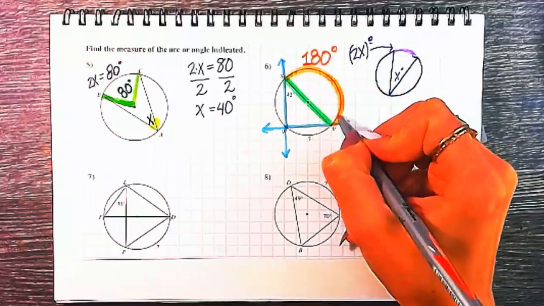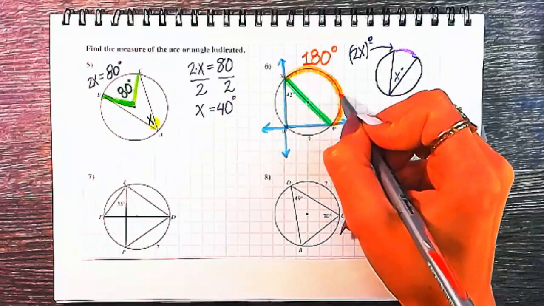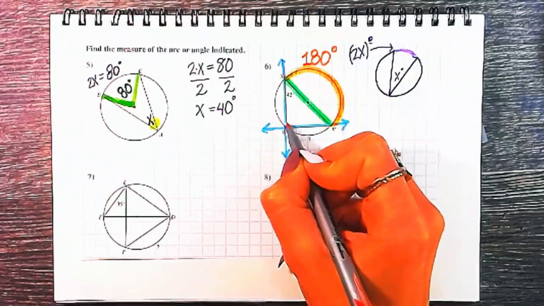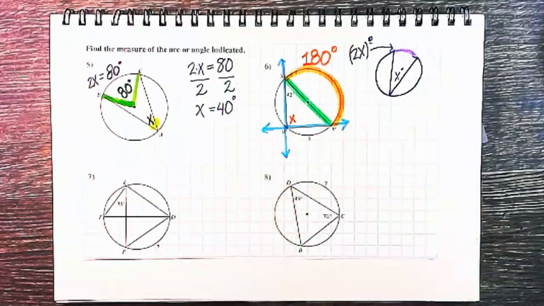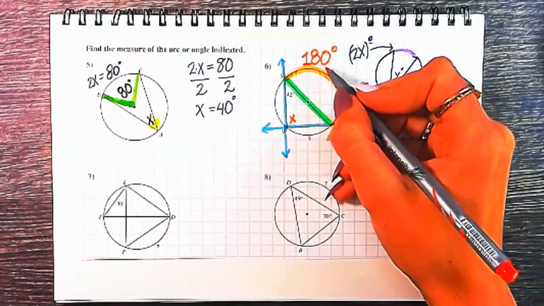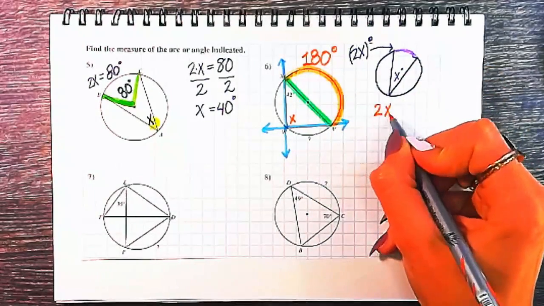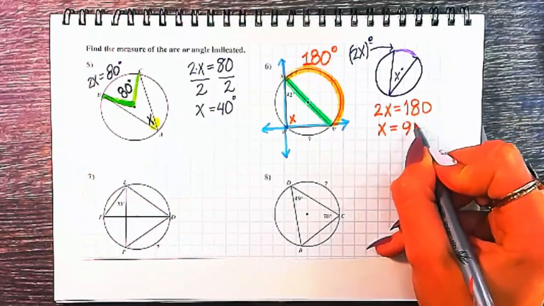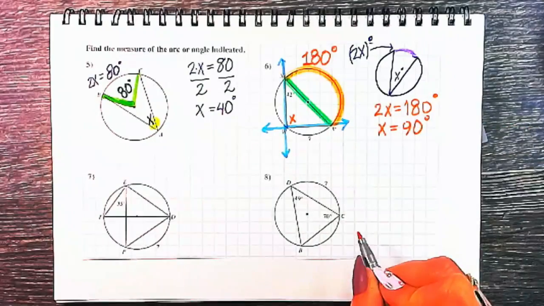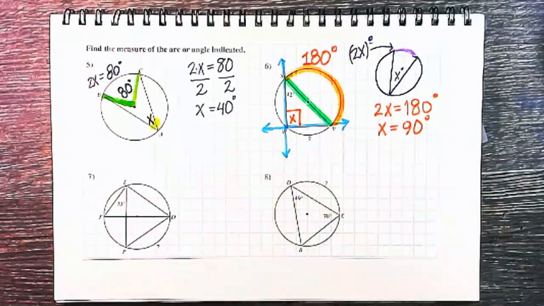If this arc measure pulls back to this inscribed angle right here, I call this x. How many degrees do you think x is? X will be half of 180 because 2x will equal 180, so x will equal 90 degrees. It's actually going to be a right angle, but that was not my indicated angle.